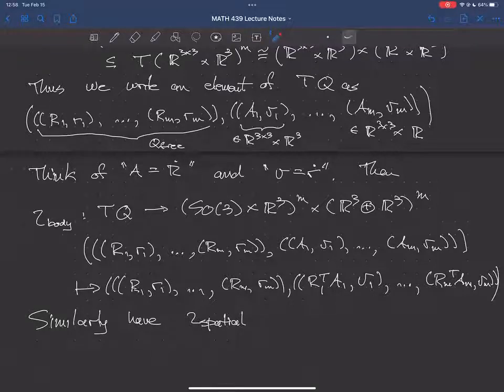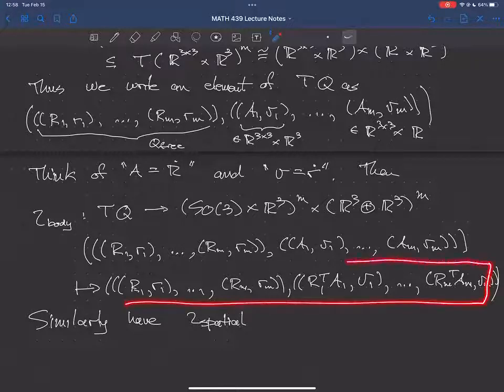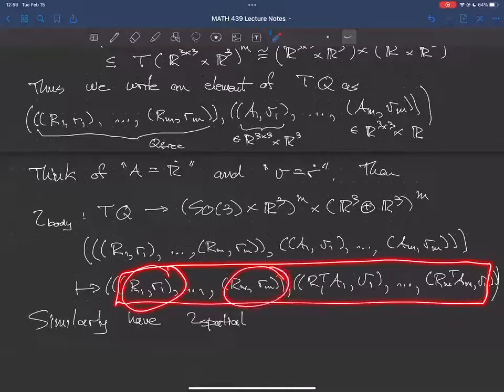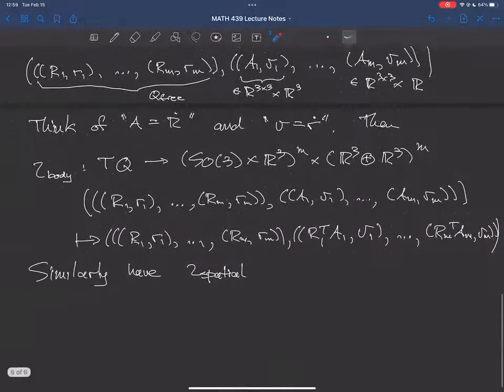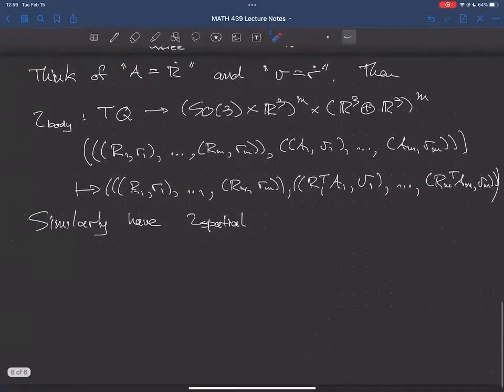It's merely notation. It just gives me a way of organizing all of my information about the kinematics of my system, the position and the velocity, into one big thing, and that's all it is. It's just a way of writing everything down together that represents all of the kinematic information about the system. So what does that look like in practice?